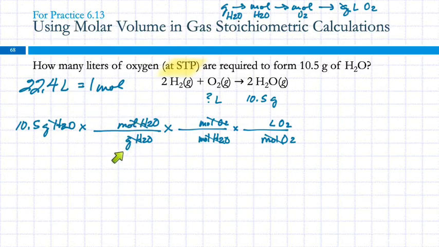So now I look for my numbers after I have my units in. Grams per mole for water, that's the molar mass of oxygen, and hydrogen times 2, so the molar mass of water. Mole ratio, I've got 1 mole of oxygen for 2 moles of water. And this last part, because it's at STP, I can use 22.4, 22.4 liters per mole.